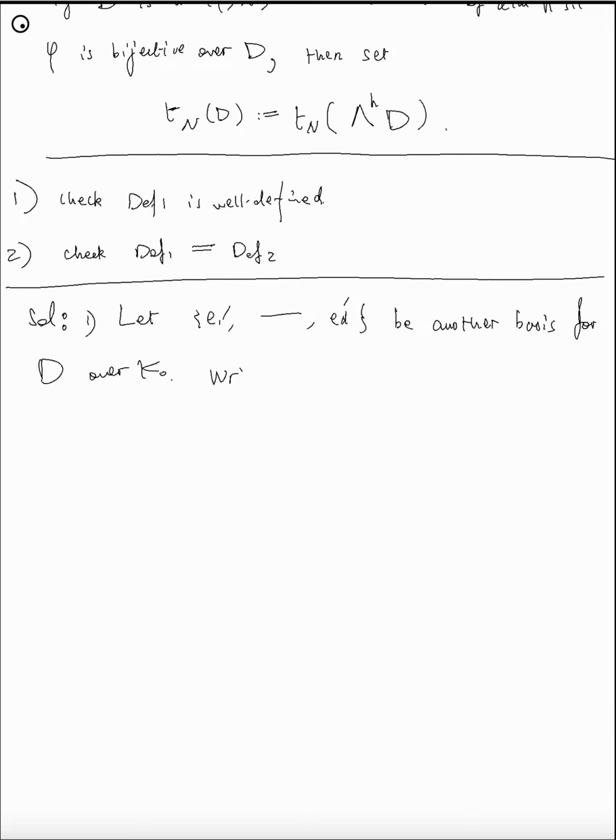Then we write this Frobenius over this Ei prime using, again, let's say Aij prime, with Ek equals, so there is a transition matrix.